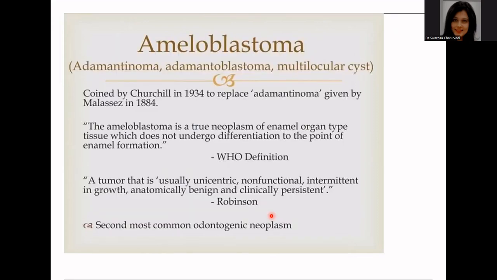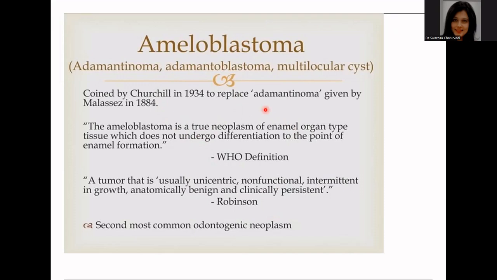So beginning with the most common odontogenic benign tumor, that is ameloblastoma. This term was coined by Churchill in 1934 to replace adamantinoma, which was given by Malassez in 1884. Several definitions for ameloblastoma have been proposed.